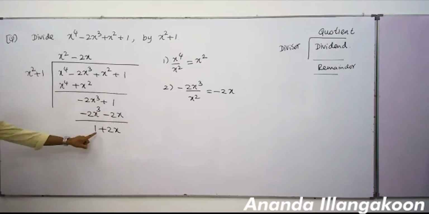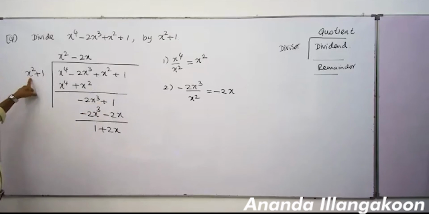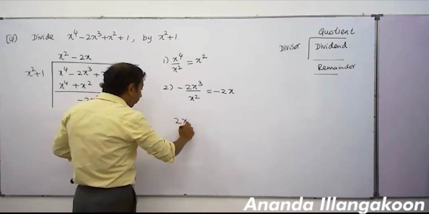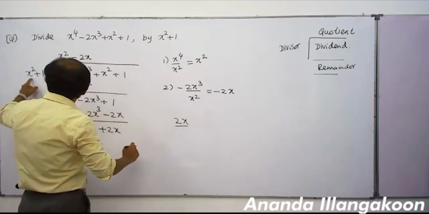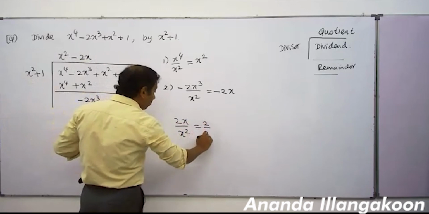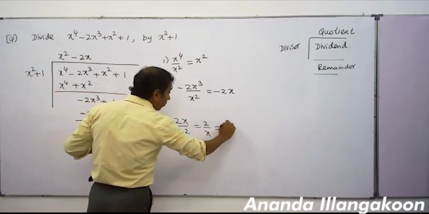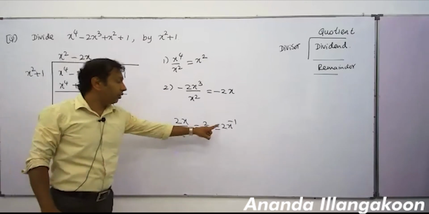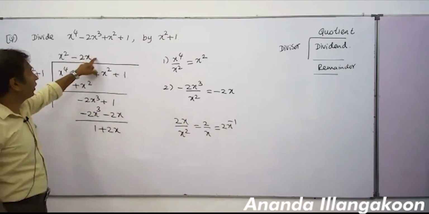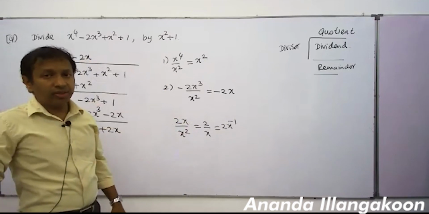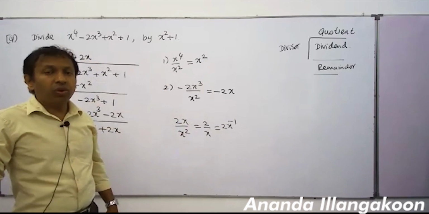Now here degree is 1. Here degree is 2. Here the leading term is 2x. When we further continue this division, this 2x should be divided by x², then that will be 2 by x, that is nothing but 2x to the power minus 1. Then we get a negative power. If the power is negative, that will not be a polynomial function.